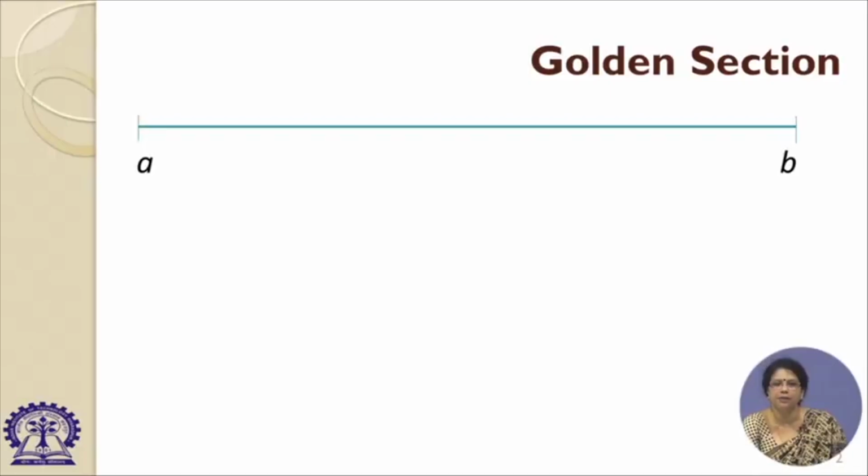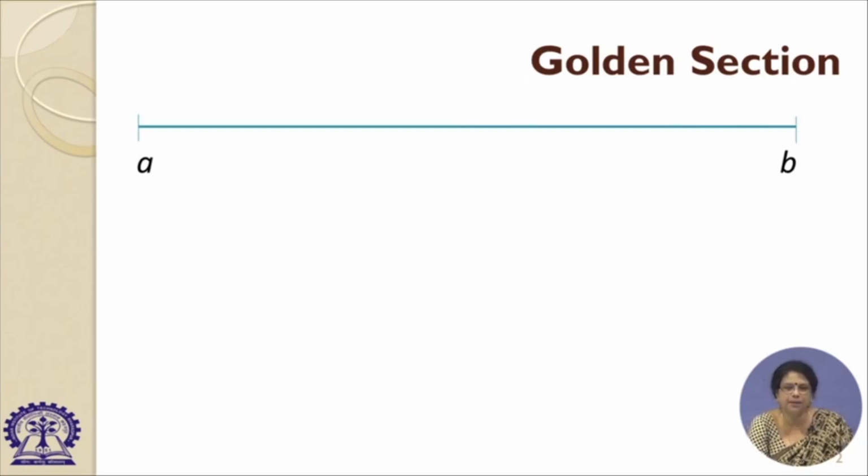We are expecting that we will do a large number of experiments, and based on that we will find out the optimal solution. Now, let A to B, the interval of uncertainty, be given to us, and we do not know how many experiments we are going to do, but we will see when the convergence will reach, we will stop the iteration.